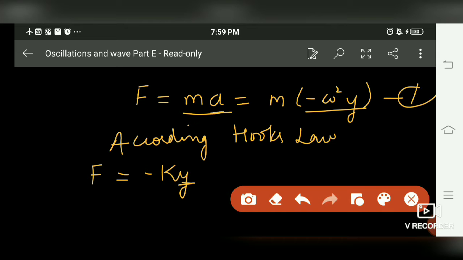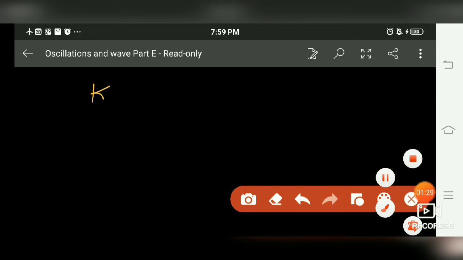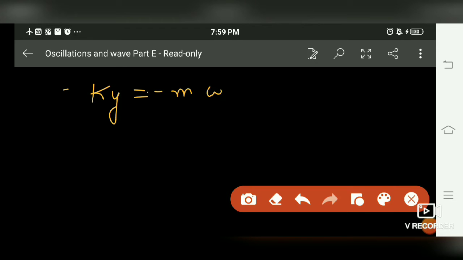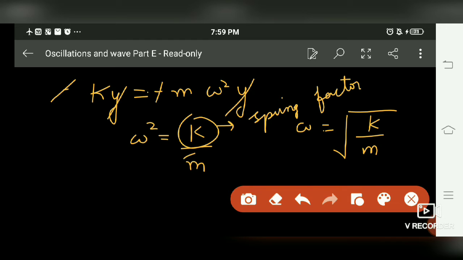So if we compare the first and the second equation, we will get ky is equal to minus omega square y, with minus and minus sign here. Y gets cancelled with y, and with minus we get omega square equals k by m, or omega is equal to under root of k by m, where k is the spring constant or spring factor, and m is inertial factor.